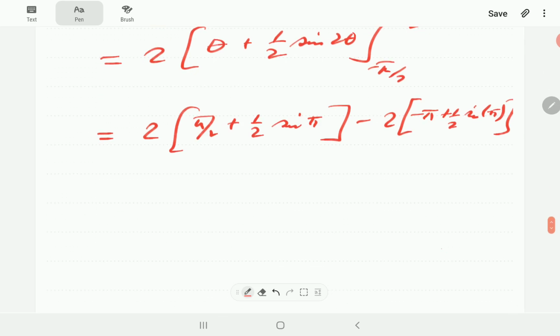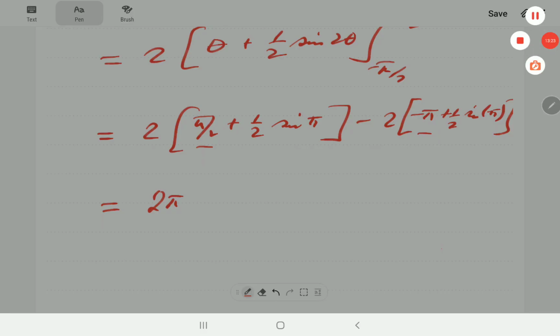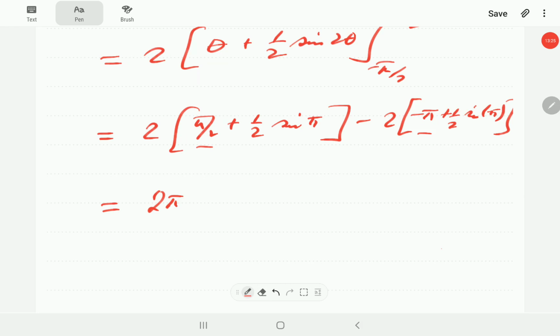Now sine pi and sine negative pi are both 0, so the only contributions are these terms, and this works out to 2 pi.